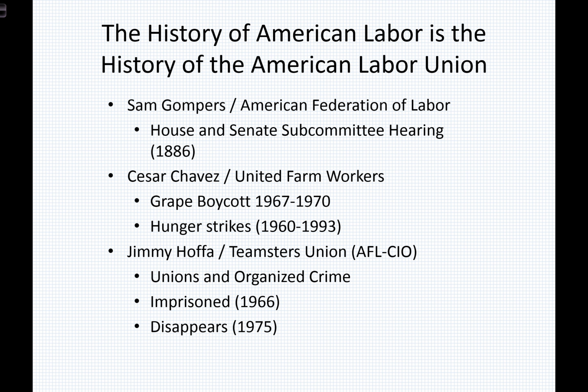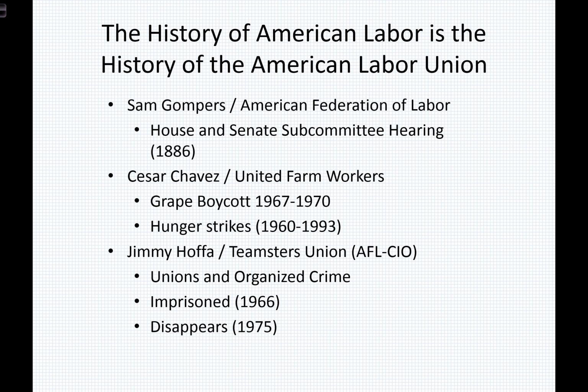We saw another very interesting figure in American labor in the 1960s and 70s, and that was Cesar Chavez in California. Chavez really was the central force behind the United Farm Workers. And a couple of the more famous or infamous periods of Mr. Chavez's life had to do with the grape boycott, where there were numerous grape growers, farmers in Central California who were paying very low wages to their pickers and harvesters.